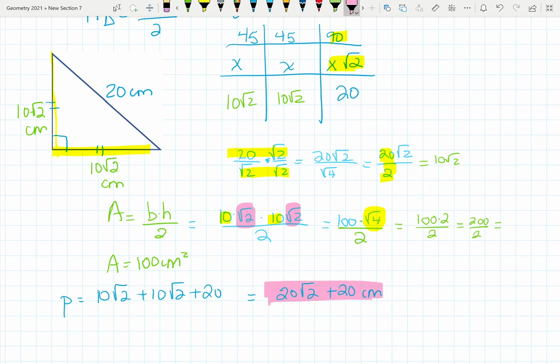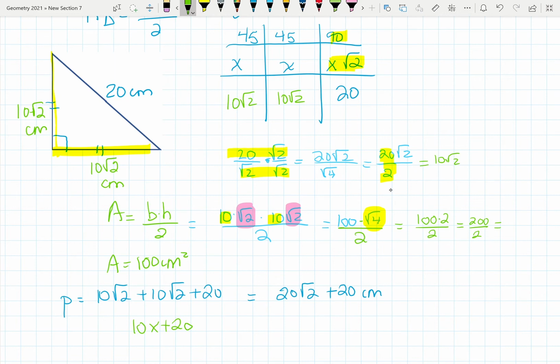You might be tempted to combine these two 20s, but we can't do that because those two 20s are not like terms. It's similar to what you did in algebra, where if I said what's 10x plus 20, you would tell me those are not like terms because one has an x and the other one does not. Same thing here.